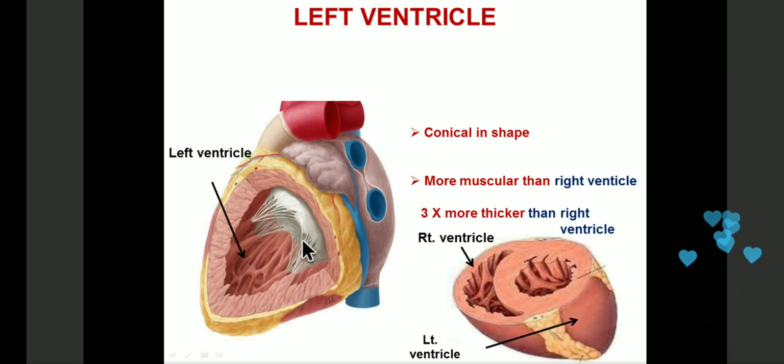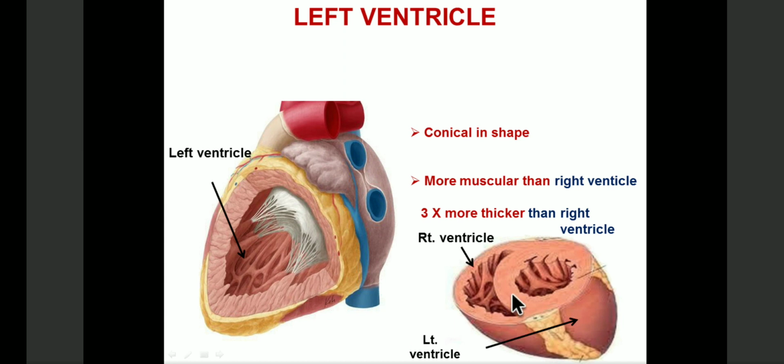Now, what is the structure of the left ventricle? The structure of the left ventricle is very similar to the structure of the right ventricle. The shape is conical, but the muscular component is much more than the right ventricle, and its wall is also quite thick.